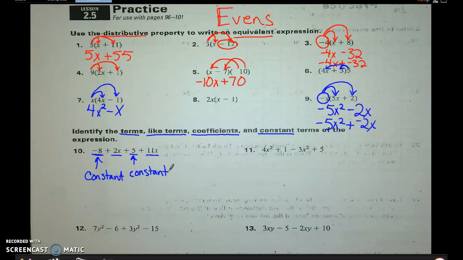Okay. Also, those are both like, so I'm going to put a square around them to show that they are both alike. I also see that right here in front of that x, I have a 2, and that 2, that's going to be my coefficient.